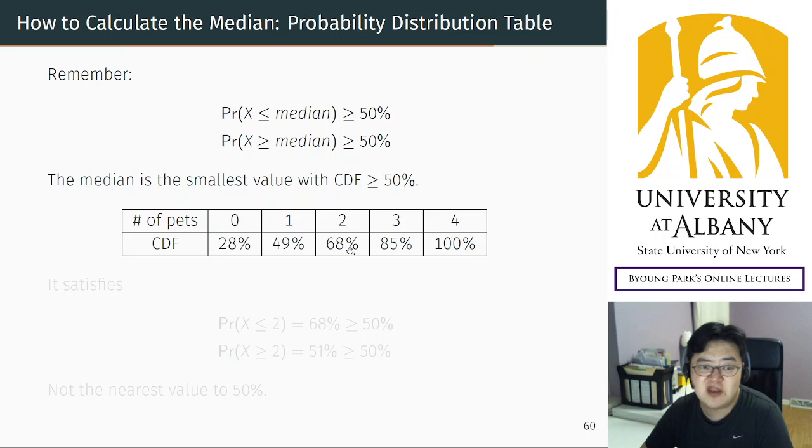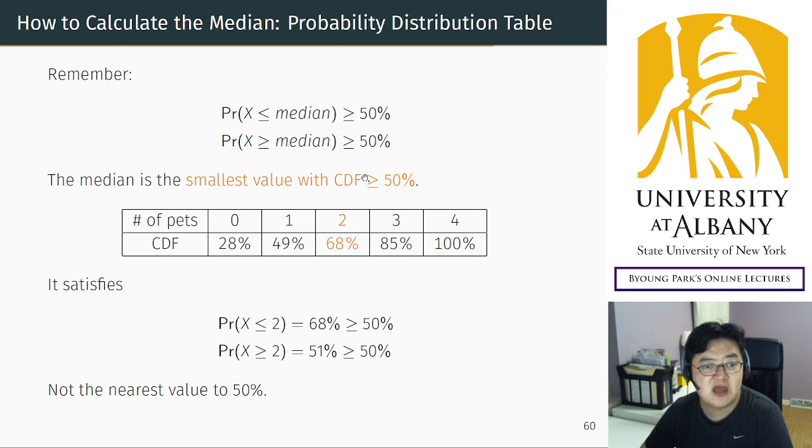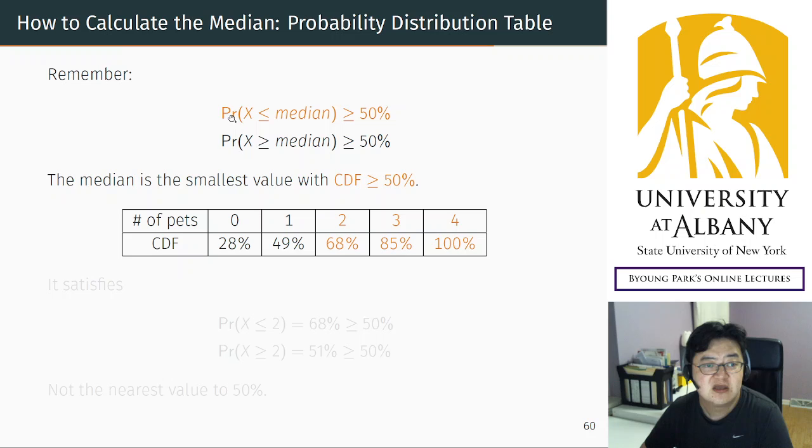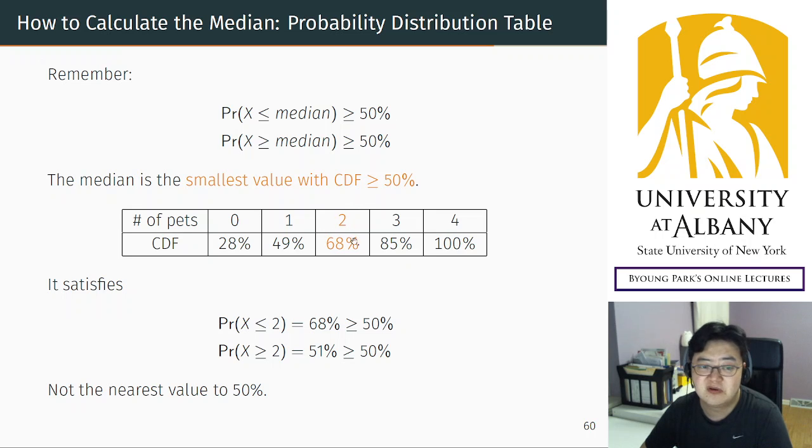But without calculating that, you can simply take the smallest value with cumulative probability greater than or equal to 50%. Then that is 2. So this inequality is satisfied by these 3 numbers, and among them we take the smallest one. If you calculate the probabilities on each side of the median, on the smaller side there are 68%.